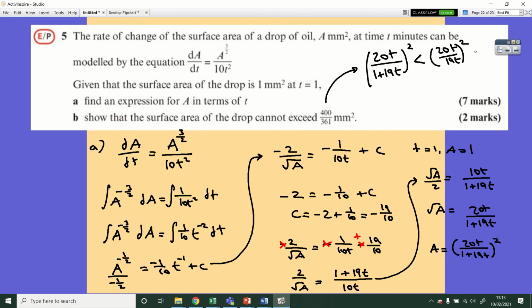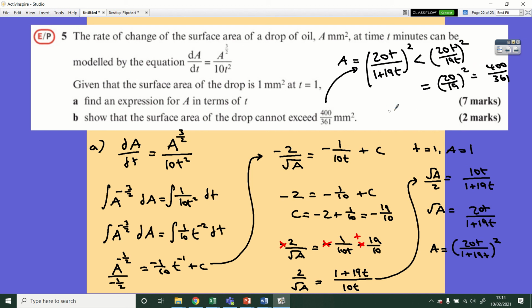If I take that 1 off of the denominator, then the entire thing is going to get bigger because the denominator's got smaller. So this thing here is less than this, but then the t's are going to cancel out because that's 20 over 19 squared, which is 400 over 361. Okay, so we're done because a is this, which is less than this, which is this fraction here that we've got.